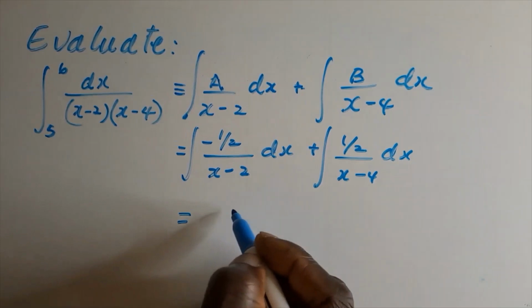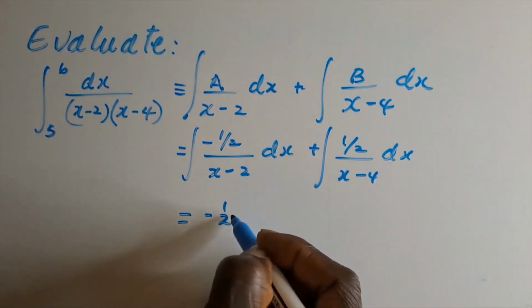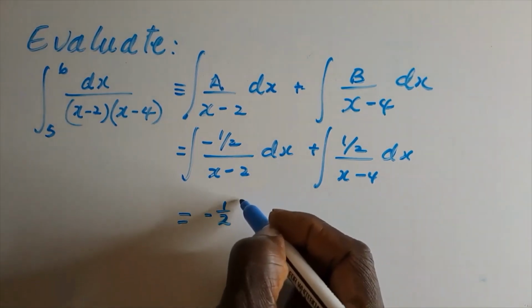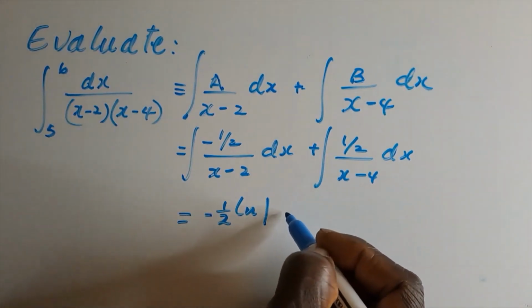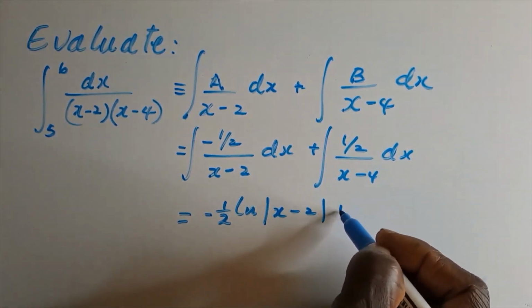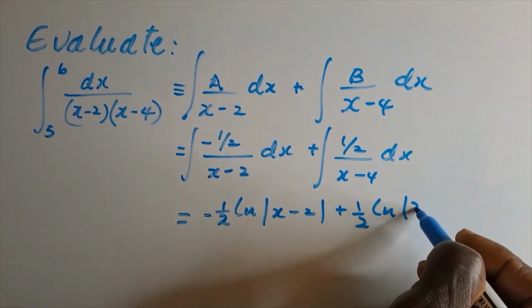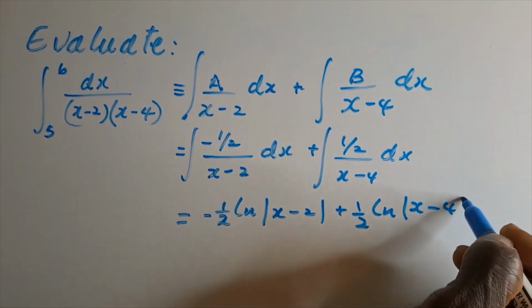Which gives us minus a half ln of x minus 2, add a half ln of x minus 4.